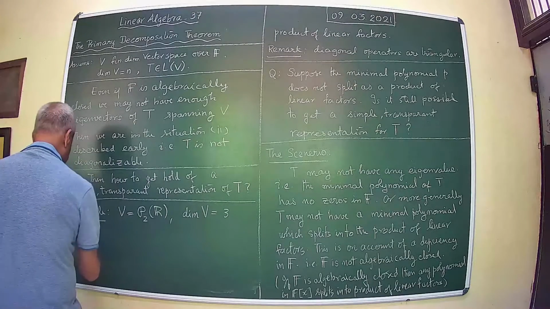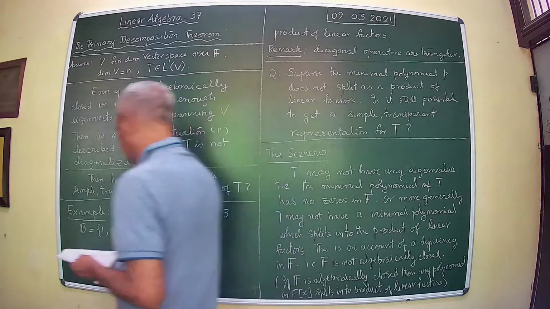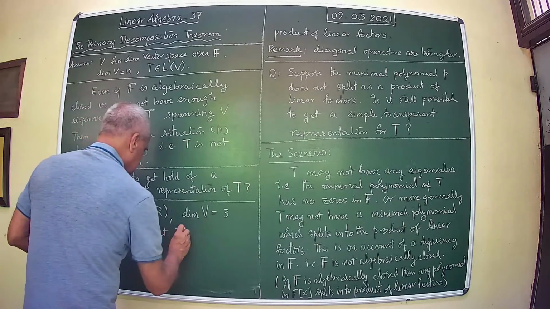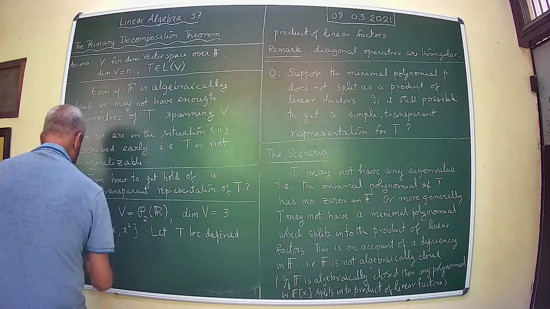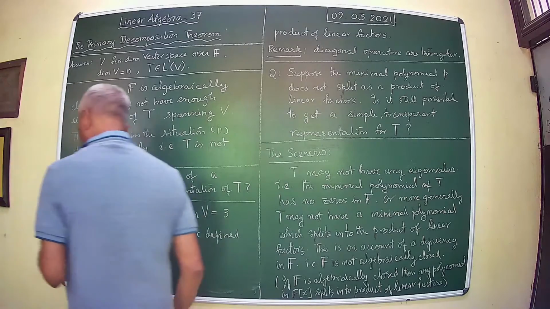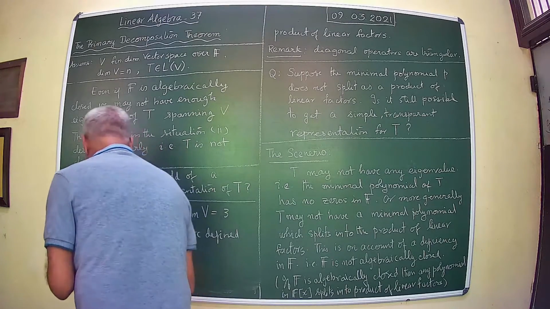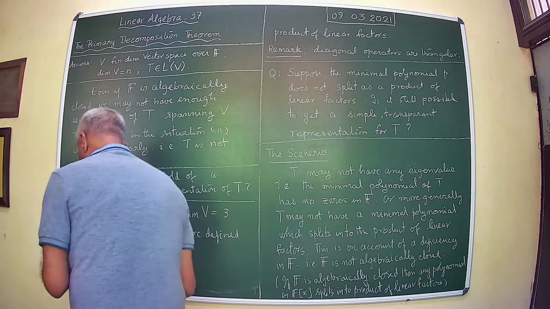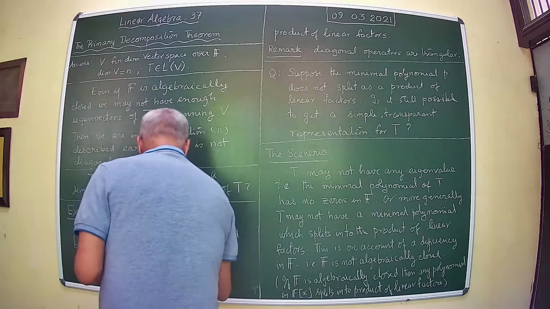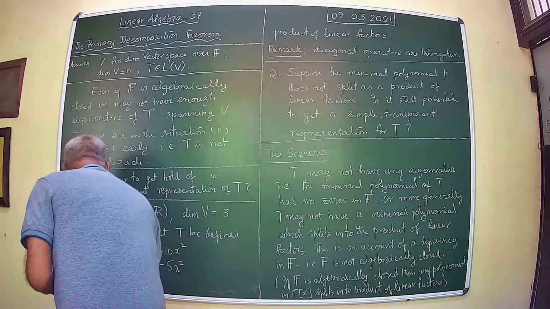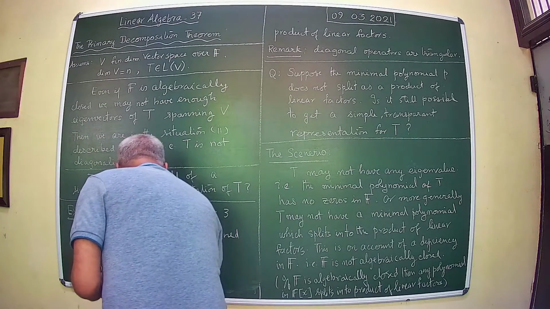Then we have B, the ordered basis 1, x, x squared, and define T(1) = 6 + 4x, T(x) = -3 - x - x squared, and T(x squared) = -3x - 3.